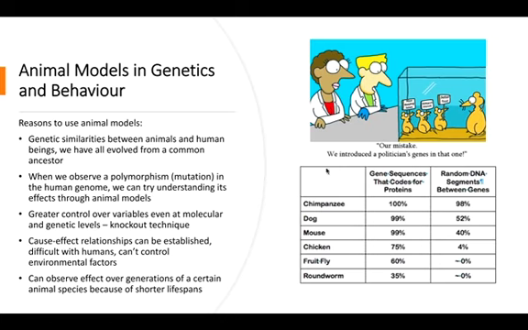Okay, and even with roundworms and fruit flies, we share 60% to 35% genetic similarity. Okay, so the argument is that because we have similarities in our genes, our behaviors might also be relevant to be studied using animal models.